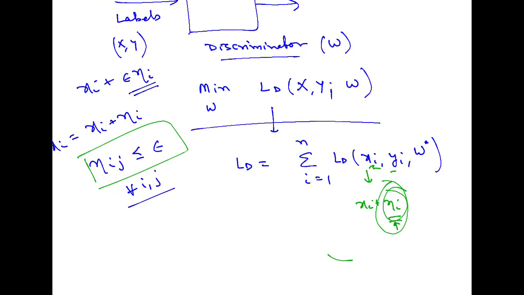So let me do just very quickly. del L_D, let's say x_i, y_i, w star, with respect to del x_ij. This is what you find.